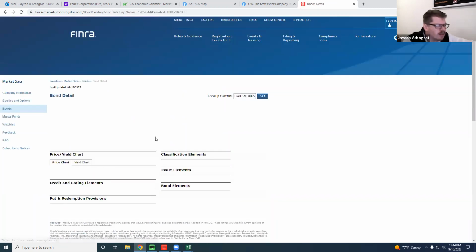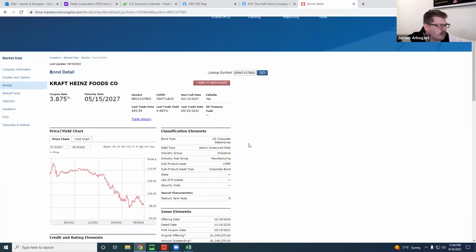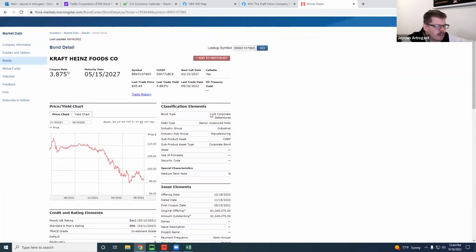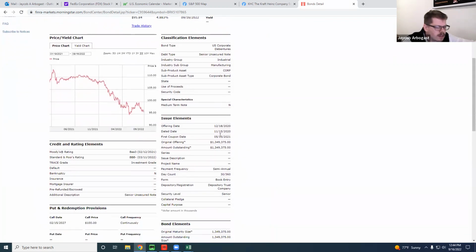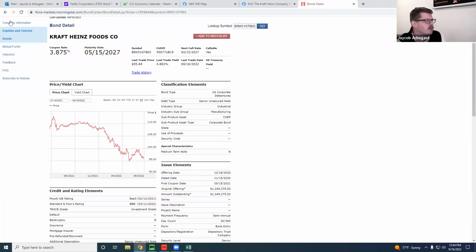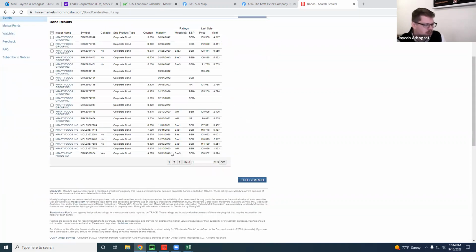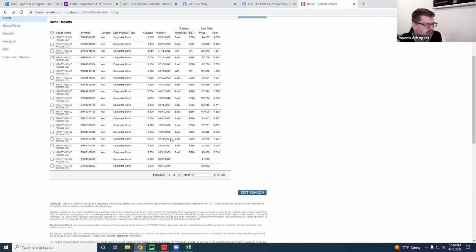Right there. Original offering is 1.3 billion, so that might not be the same one. Another 2027. That's the one I just clicked on. There's another 2027. Okay, so we'll try that one.